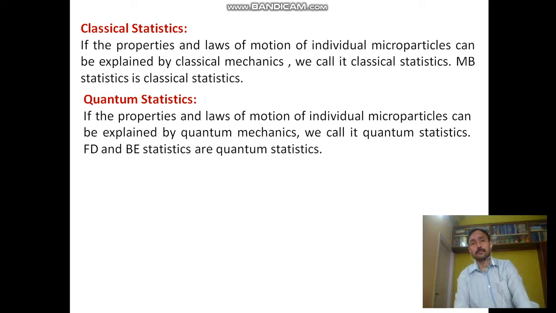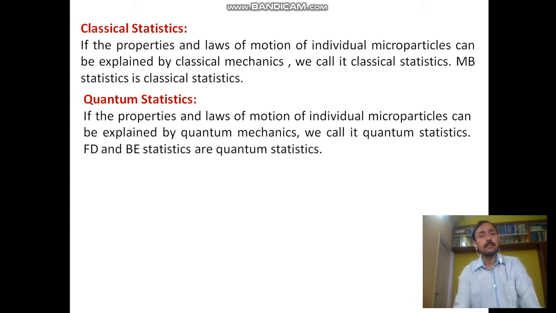What is classical statistics? If the properties and laws of motion of individual microparticles can be explained by classical mechanics, we call it classical statistics. Already we have said Maxwell-Boltzmann statistics is the classical statistics.